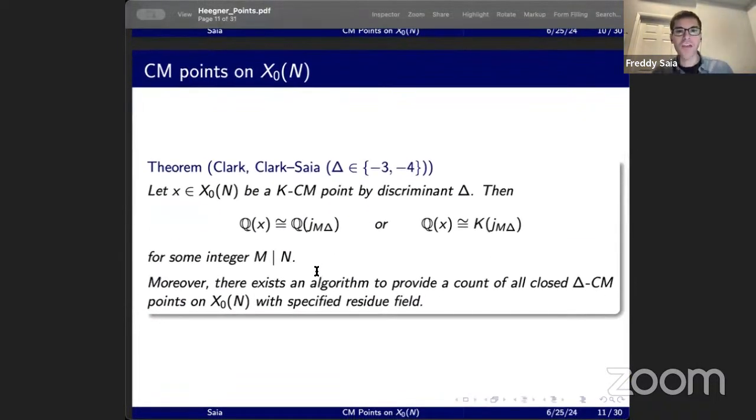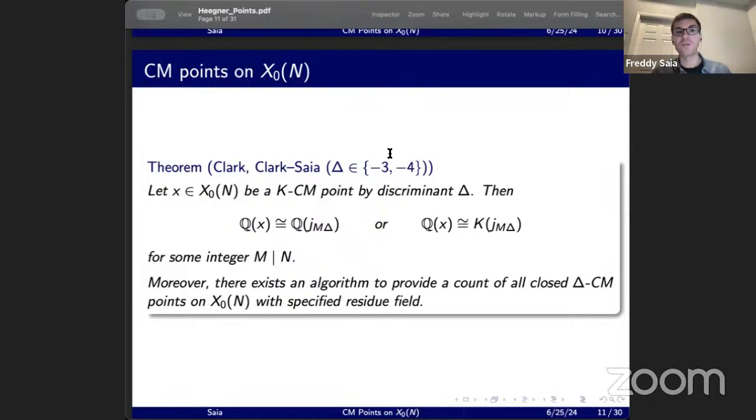So I think at least part of what I just said has certainly been known. But I'm stating this as a theorem of Pete Clark and of Pete Clark and myself. The latter work is handling those two CM discriminants that were mentioned in the question. So they turn out to be especially pesky ones because of the fact that they have extra units.